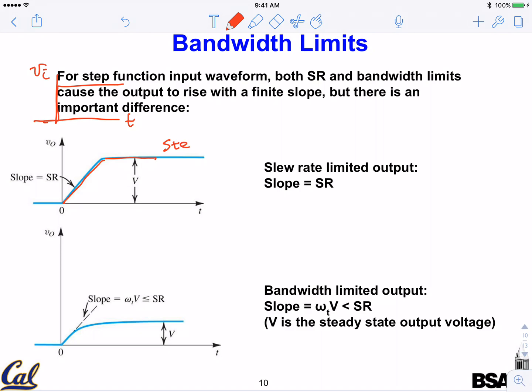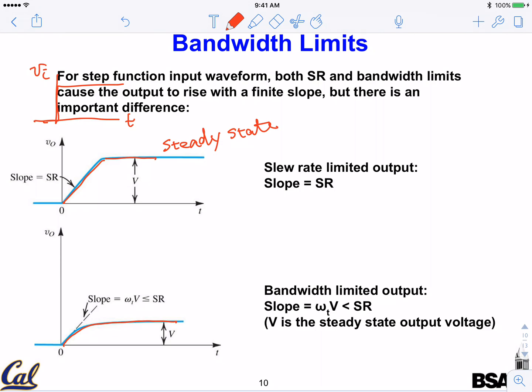If you solve your steady state circuit, you're going to get this steady state output. Because we have finite bandwidth, even if you don't have a slew rate limit, you're still going to see your bandwidth limit here. So how do we know what we are limited by? We need to do a little bit of analysis.